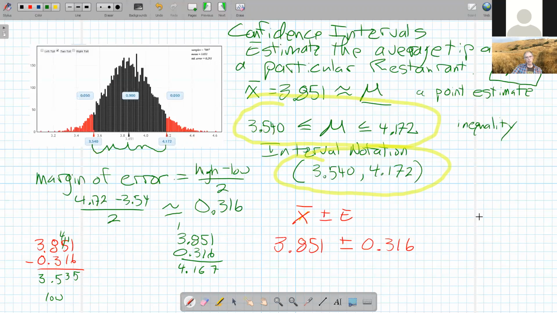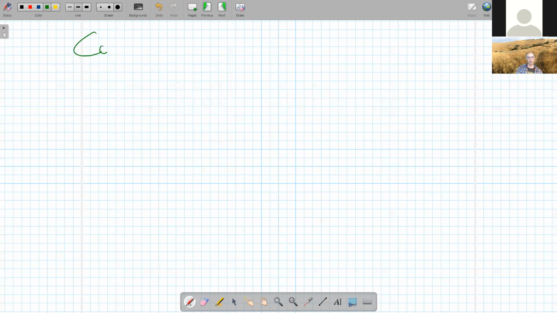So one last thing about this is how do we use the 90% with this? Because somebody says, hey, can you estimate the average amount of a tip? And I can say, yeah, it's somewhere between $3.54 and $4.17. And this 90% in the middle is what's called a confidence level. So in this particular case here, a confidence level is 90%.